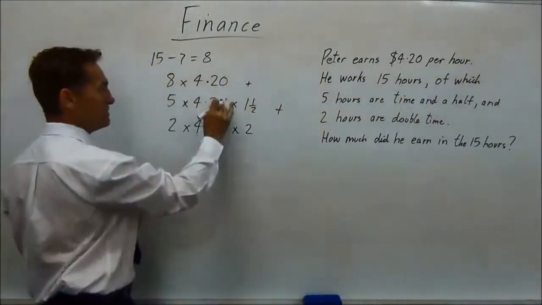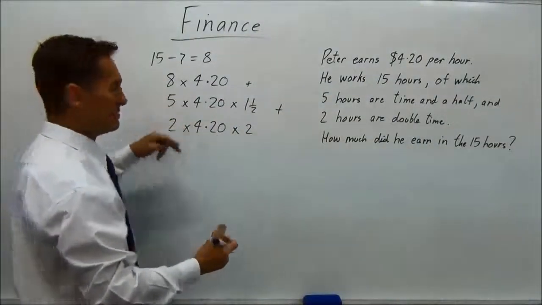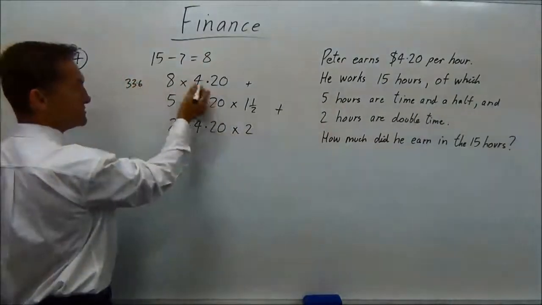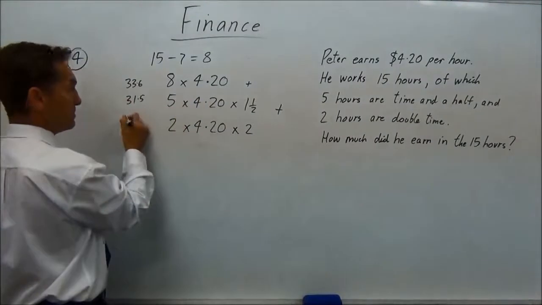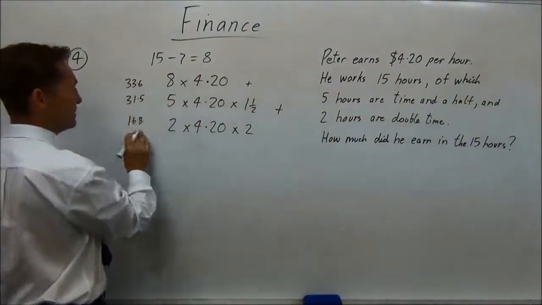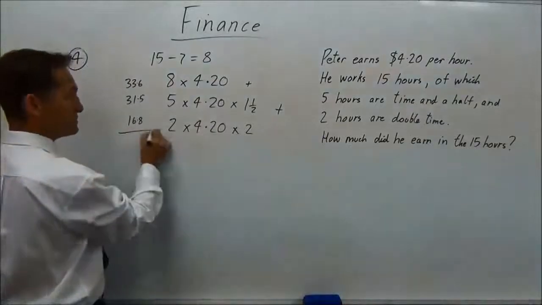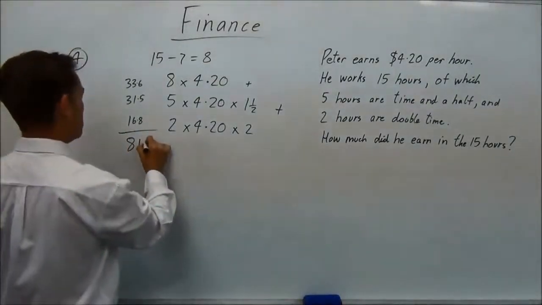So if we add up these, you can just punch all of that in on your calculator, and if you did them separately, the numbers you would get. So that's 33.6 if you just did that bit separately, 31.5 if you did that bit separately, and that's 16.8 if you did that bit separately. If you punch it all in together, this will all add up to $81.90.